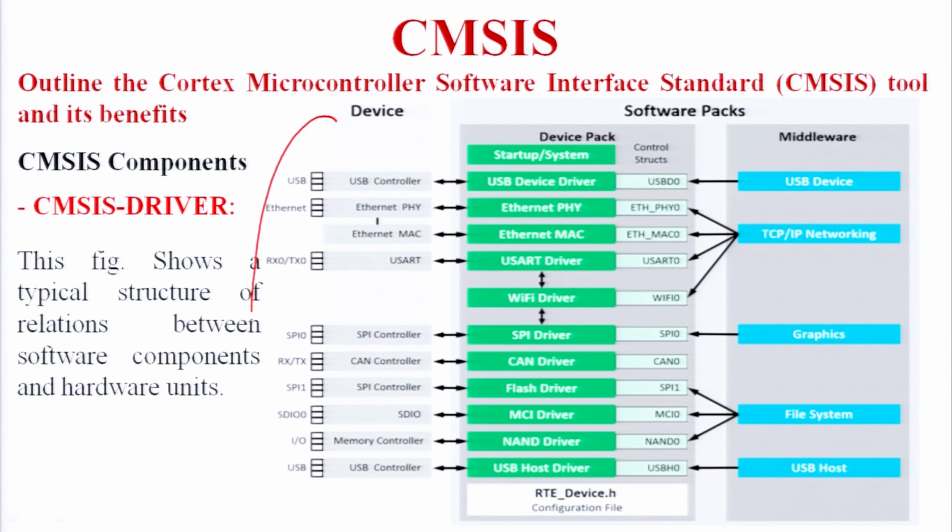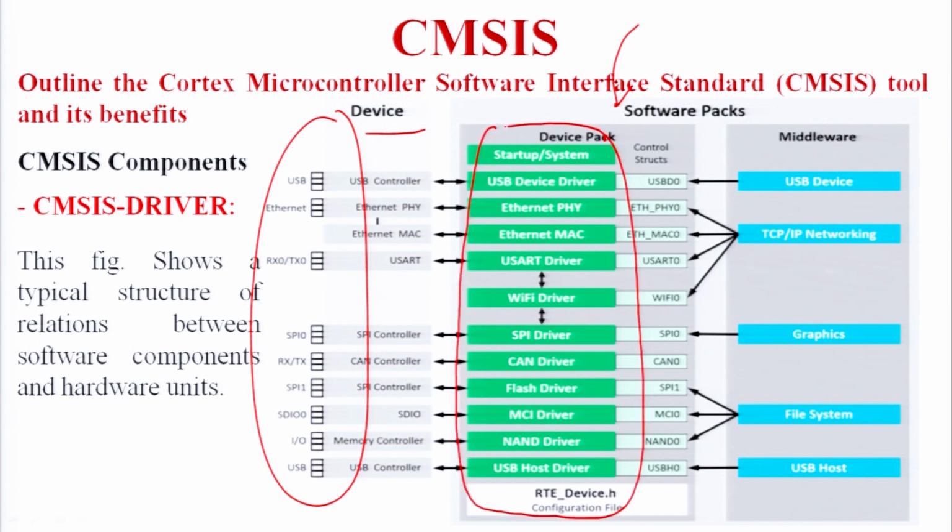Here, this is the USB peripheral units, that is a device layer. This is the device pack. Whatever we are doing, it has the full set of drivers. For example, if we are using USB, there is a USB device driver. If we are using the serial peripheral interface SPI, it has an SPI driver.